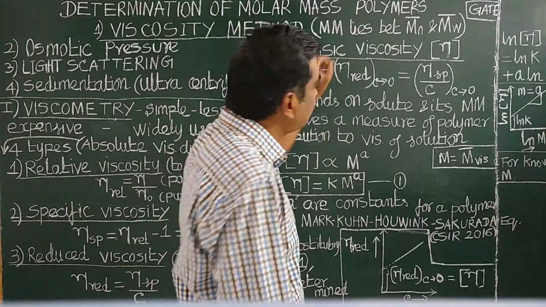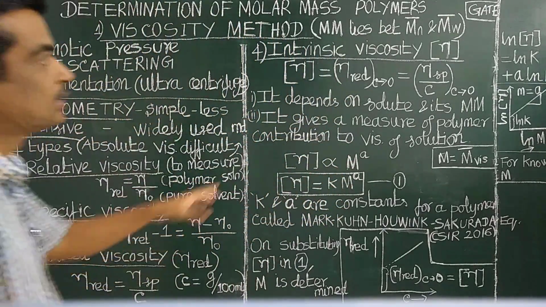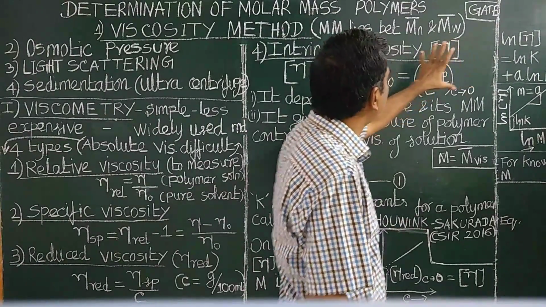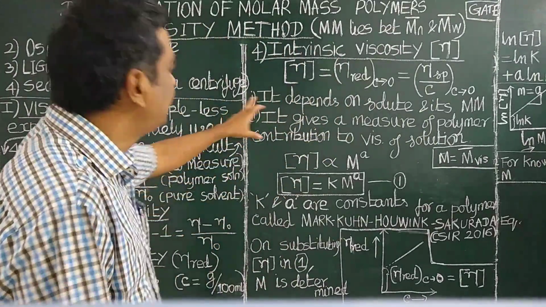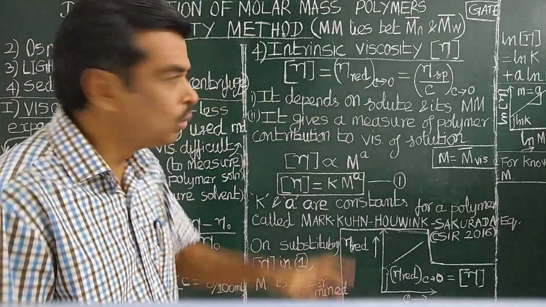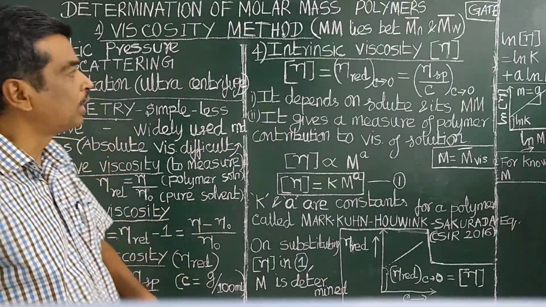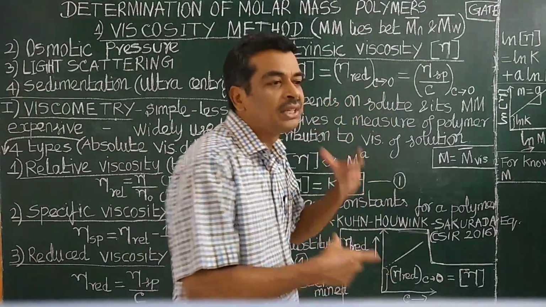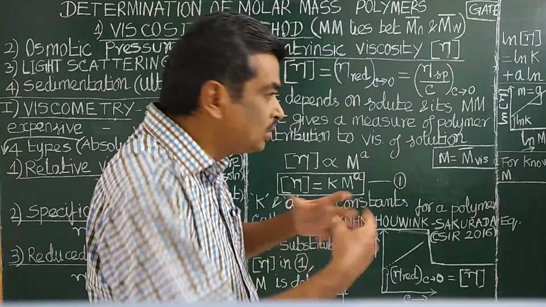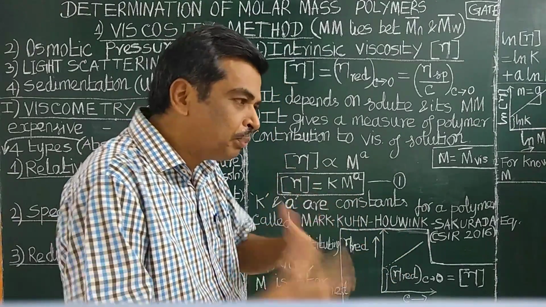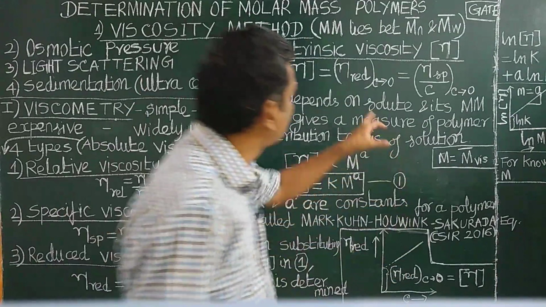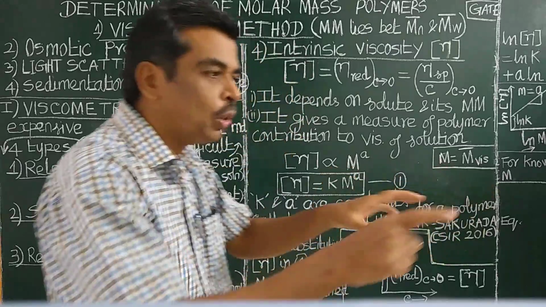Now intrinsic viscosity. It is represented by eta within square bracket. It is very important. The intrinsic viscosity is equal to the reduced viscosity only when the concentration becomes zero, when the solution is diluted further and the concentration tends to zero.